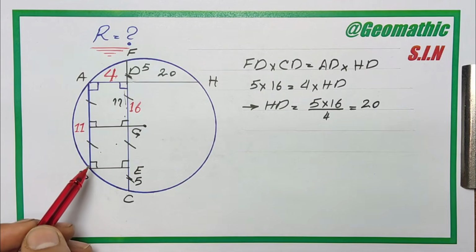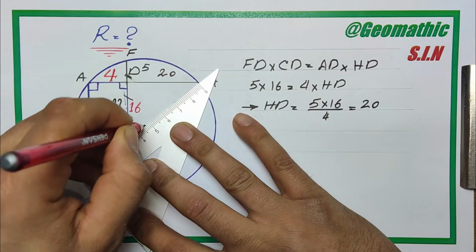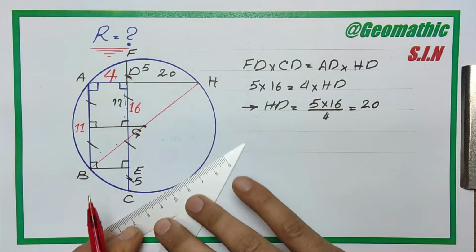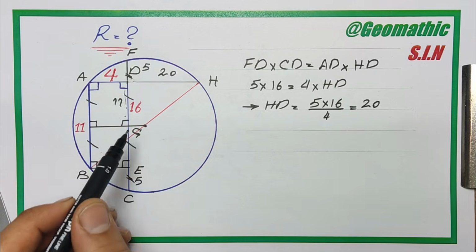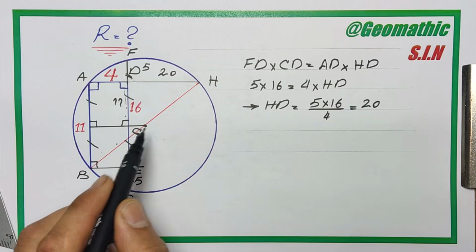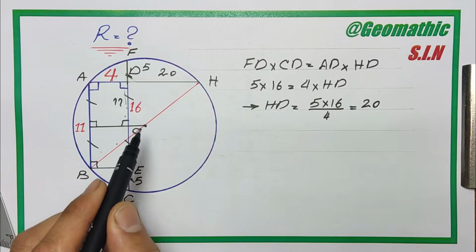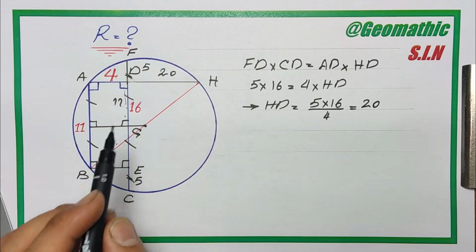Next, we draw a line from point B to the point H, which forms the circle's diameter passing through the center. But how can we be certain that this line passes through the center and is indeed the diameter? Yes, we use Thales's theorem.